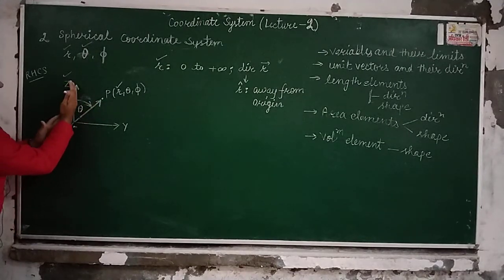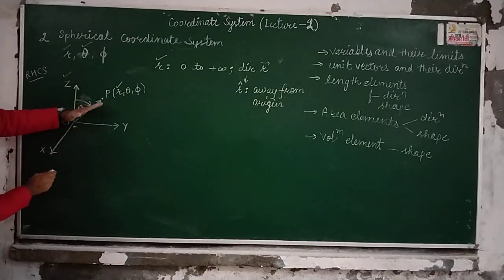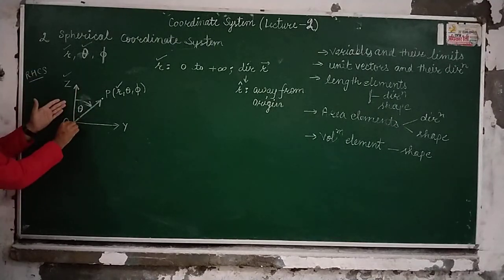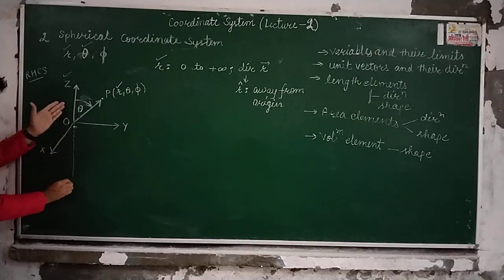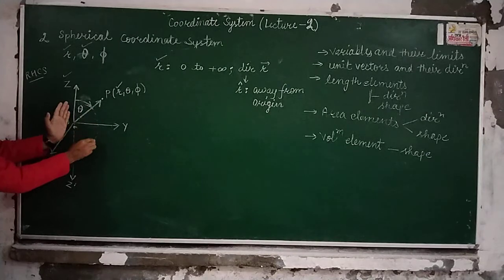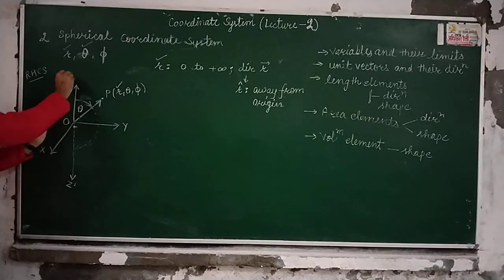Theta starts from z and moves from z to minus z. This is the positive z direction, and here I will write z dash, this is the negative z direction. So from here to here, you can see this is measured with respect to the z axis.